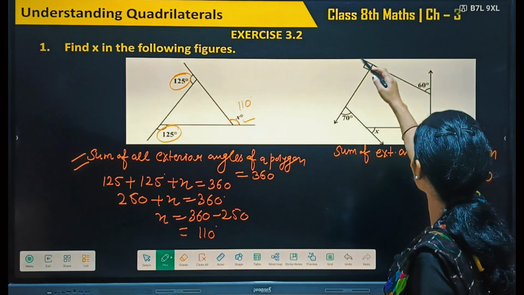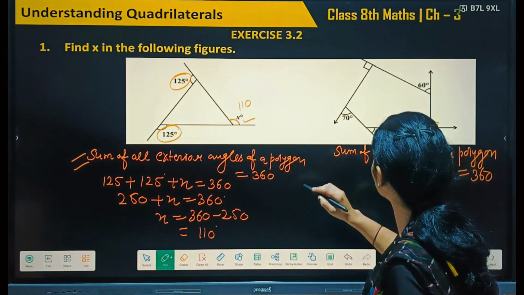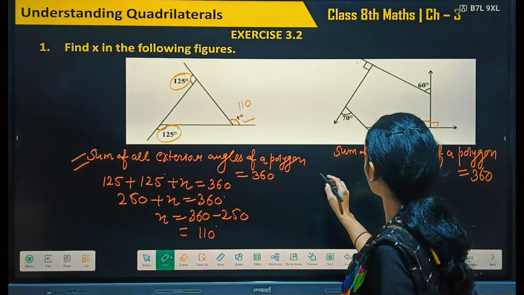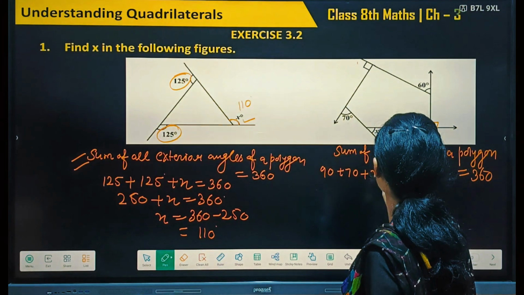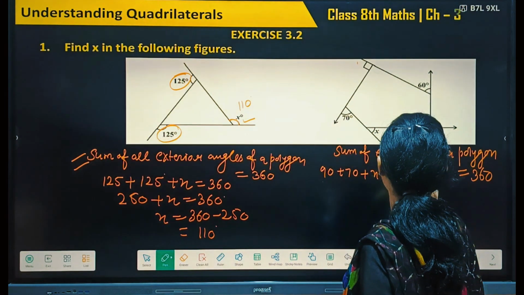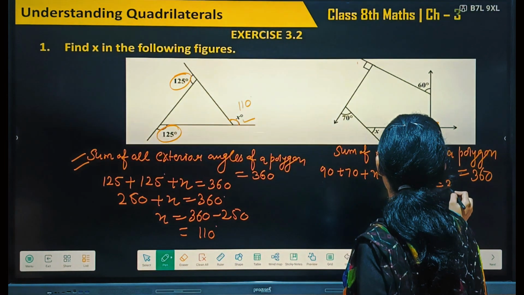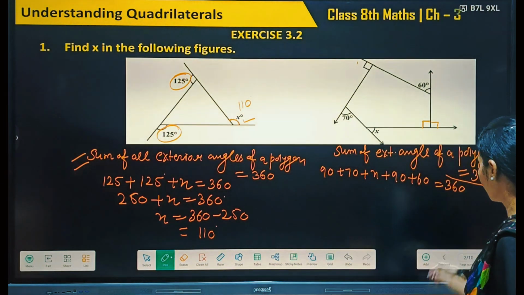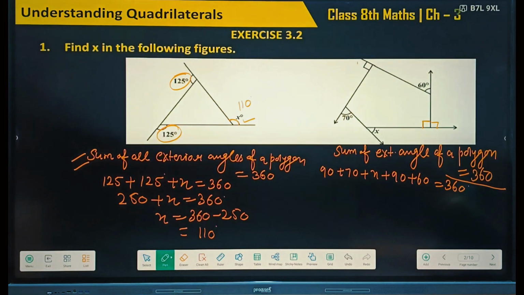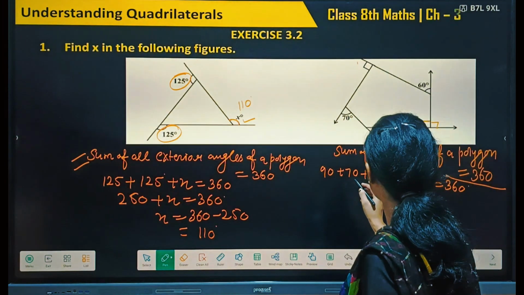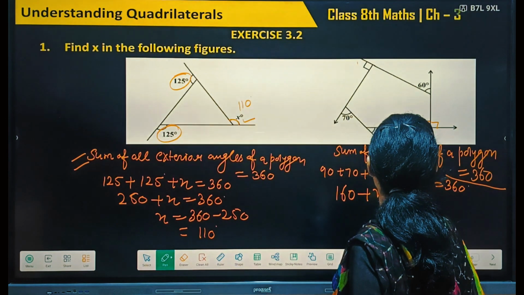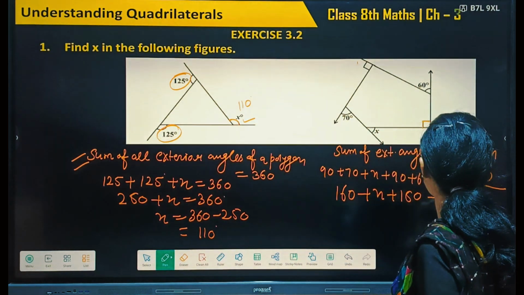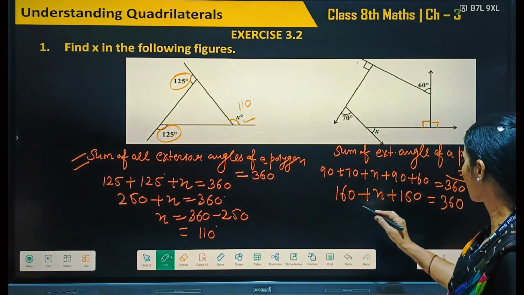Now add all these exterior angle of this polygon, starts from there. 90 plus 70 plus x plus 90 plus 60 equals to 360 degree. It is 160 plus x plus 150 equals to 360.